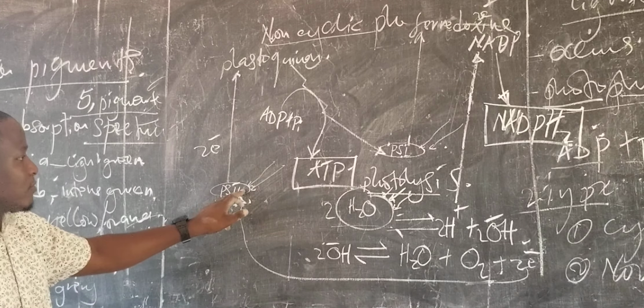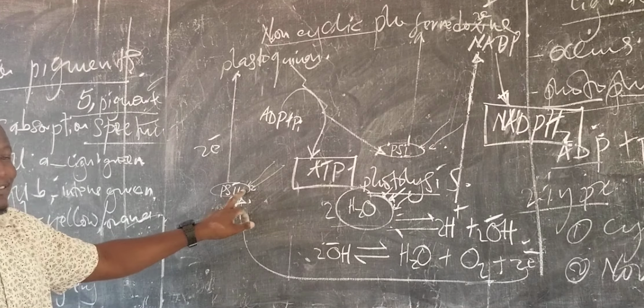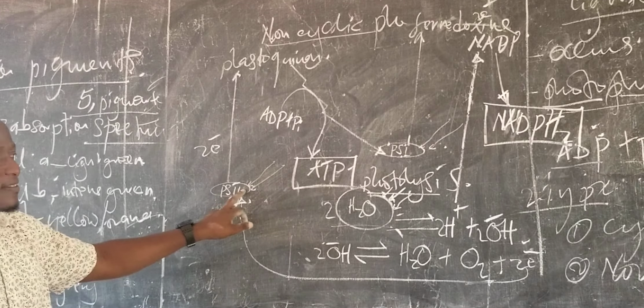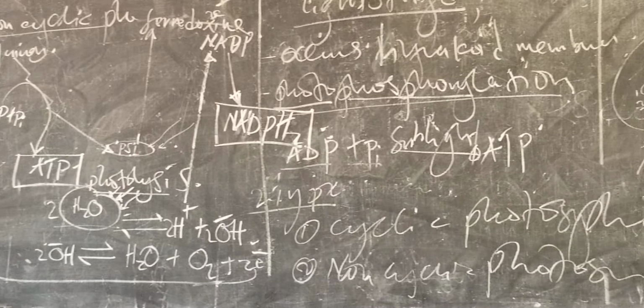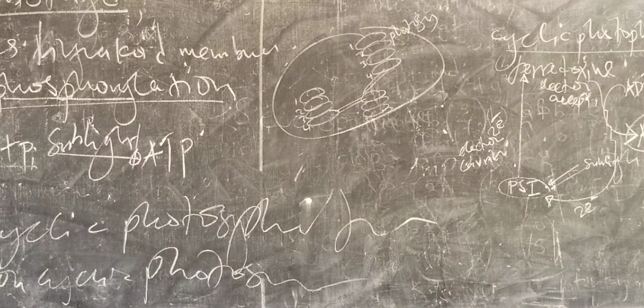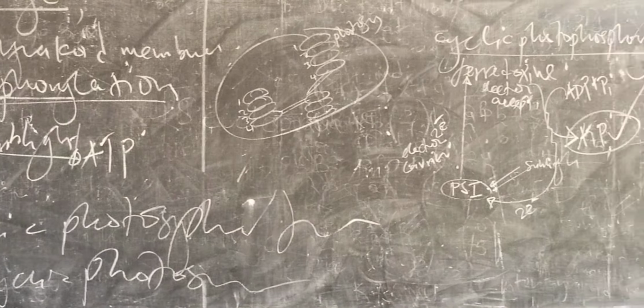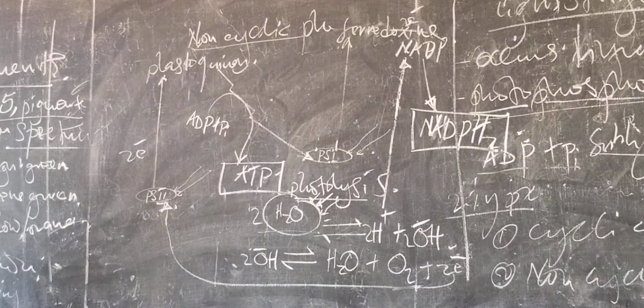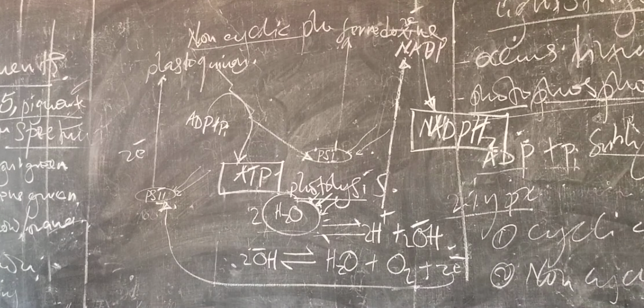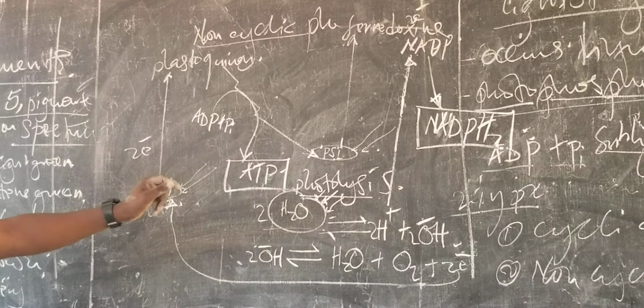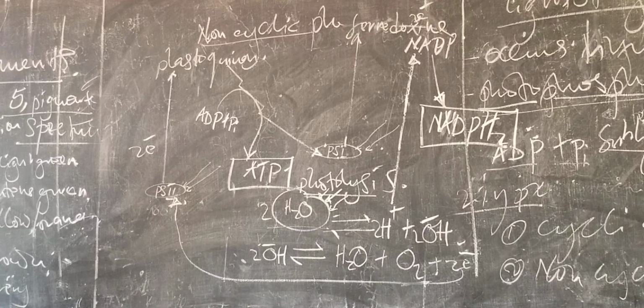Photosystem 2 is the last electron acceptor. In the cyclic, photosystem 1 is the last electron acceptor. That will be one of the differences among others. When they ask you to give differences between cyclic and non-cyclic photophosphorylation, you realize several. It has photosystem 1, this one has 2 photosystems.